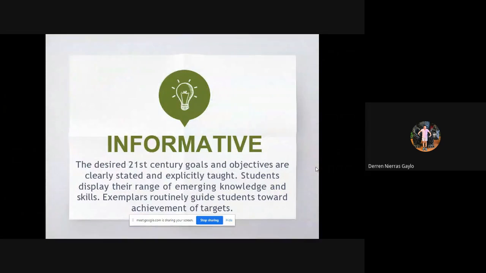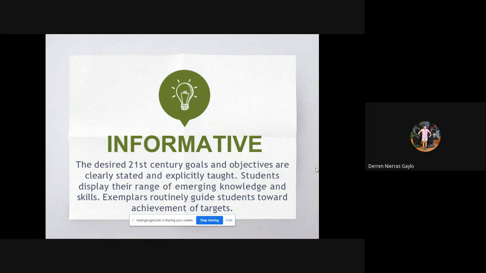Assessment should be informative. The desired 21st century goals and objectives are clearly stated and explicitly taught. Students display the range of emerging knowledge and skills. Exemplars routinely guide students toward achievement of targets.